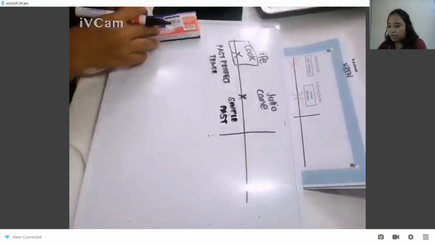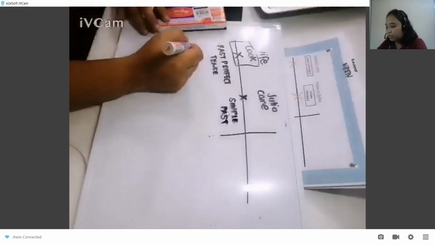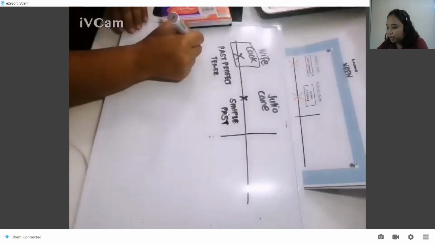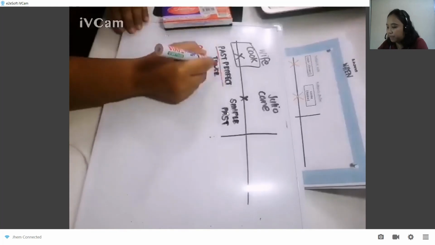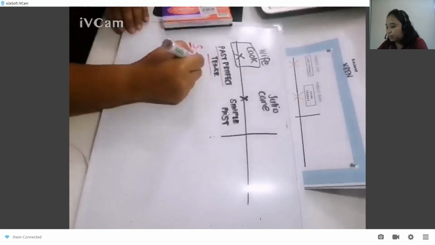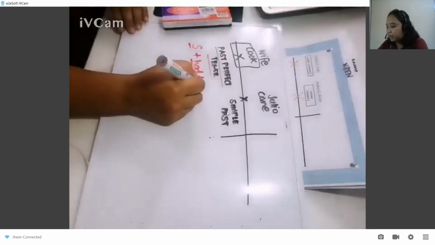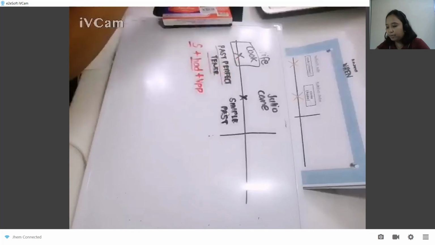Let's try to use the conjunction when. Okay, so remember, again, in forming the past perfect tense, you will have to use the subject, the auxiliary verb had, and the past participle form of the verb.